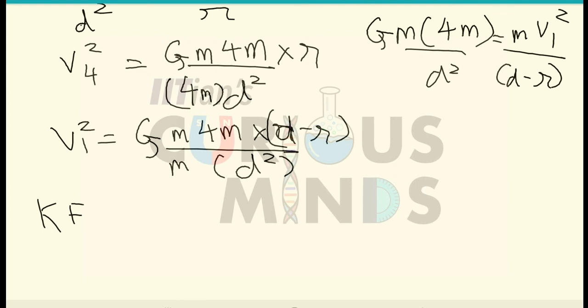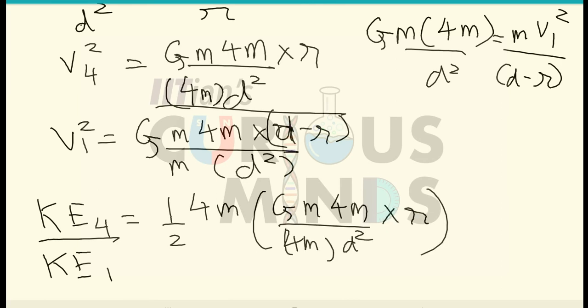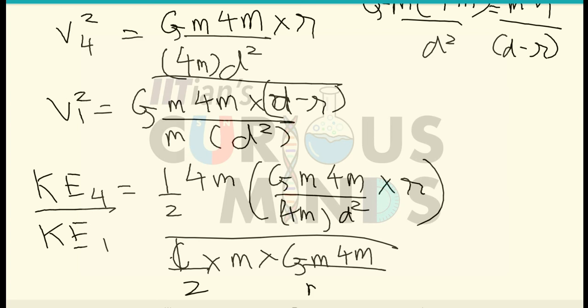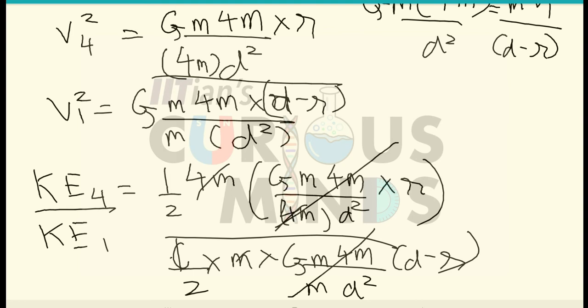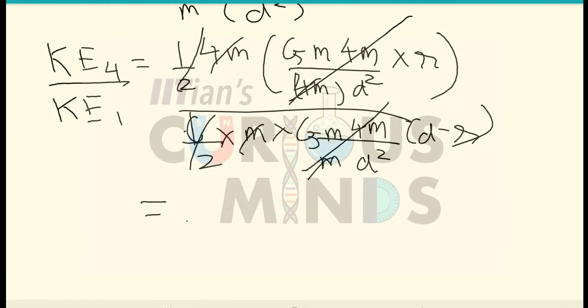The kinetic energy of the 4m mass divided by the kinetic energy of the m mass will be equal to half into 4m into v square, where v square I have already found out, divided by half into m into v1 square. The common terms will get cancelled out, 4m and 4m, m and m, half and half, so it will be equal to r divided by d minus r.